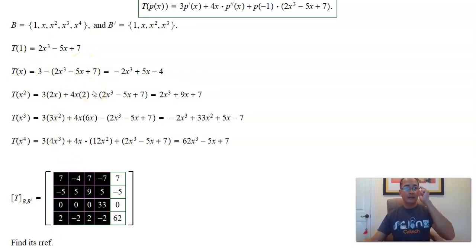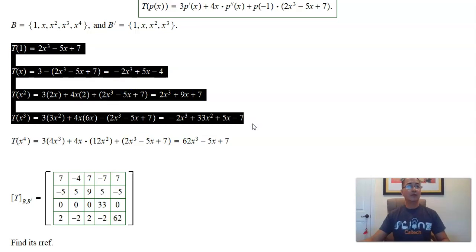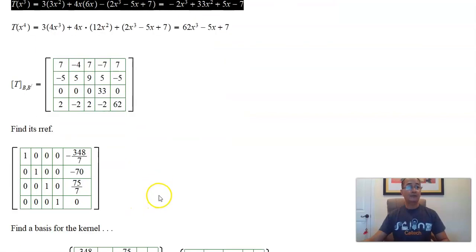Basically what this tells us is that the first 4 outputs, T of 1, T of x, x squared, and x cubed, those are our basis vectors for the range of the transformation. So I'm just going to copy these 4 vectors. The last one is a linear combination of the first 4.